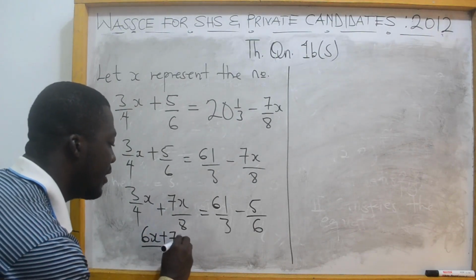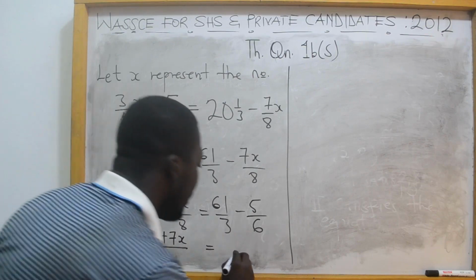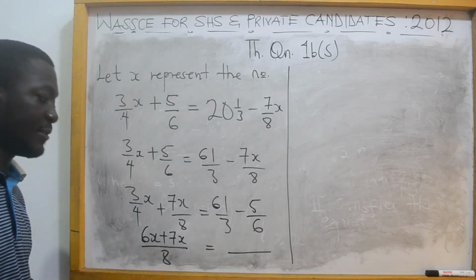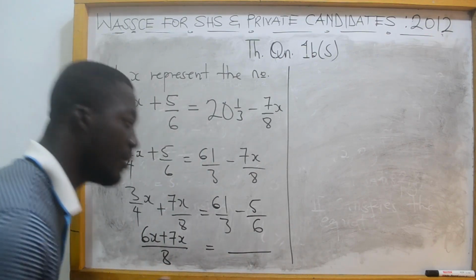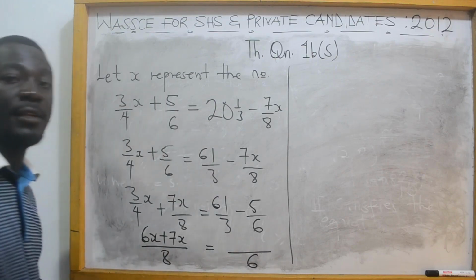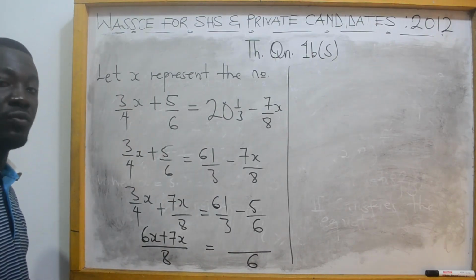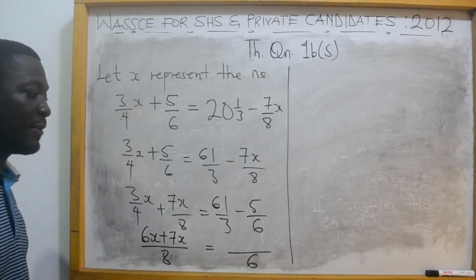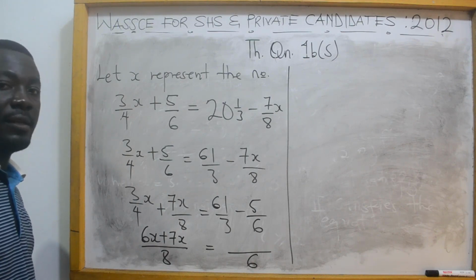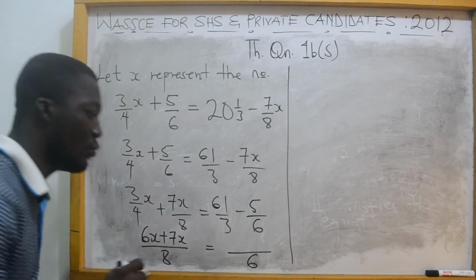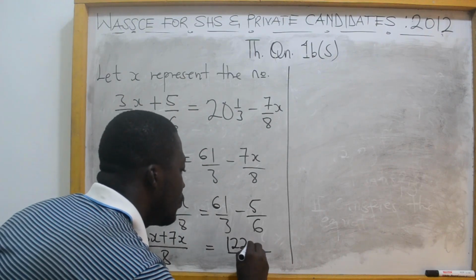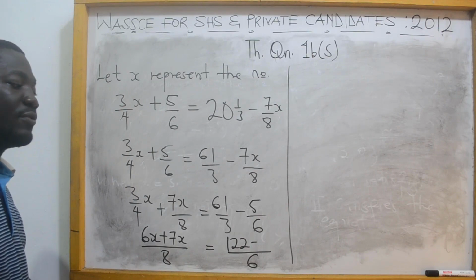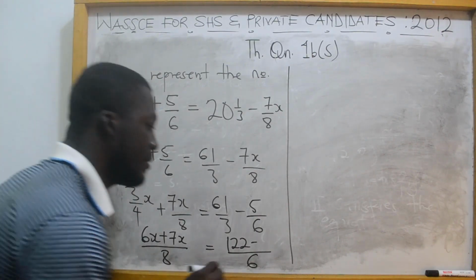So plus 7x is equal to, here as well, we have 3 and 6. So the least common multiple or denominator is 6. 3 into 6, 2. 2 times 61 is 122, minus 6 into 6 is 1, so 1 times 5 is 5.